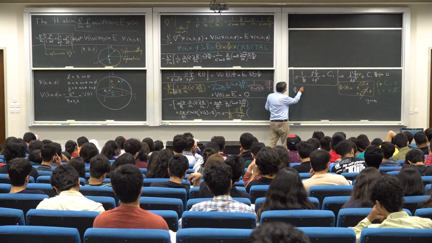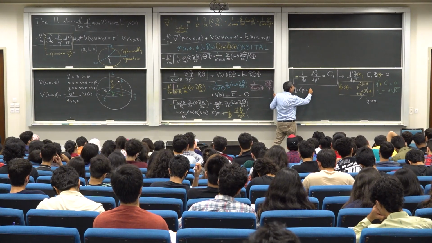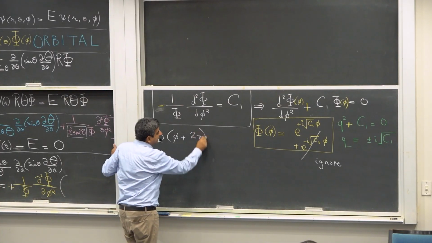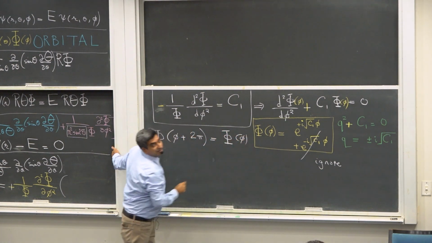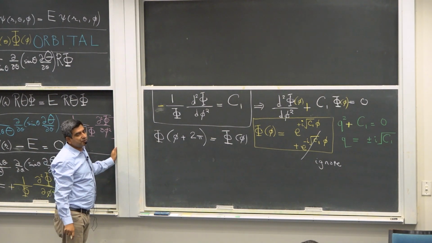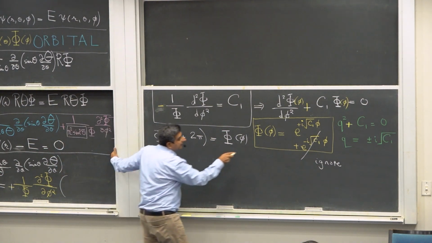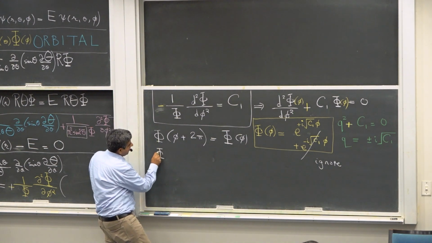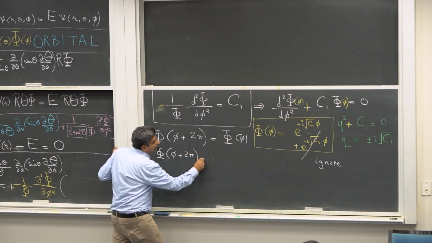That means that if I take phi and rotate this by 2 pi, I will get the original function. This is like a boundary condition. Now if I were to do that, if I just take this part of the function, phi plus 2 pi, what do I get?